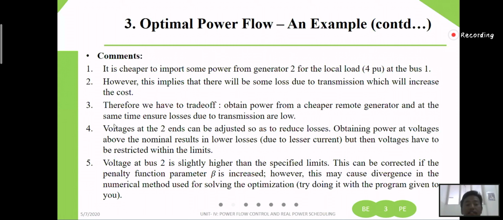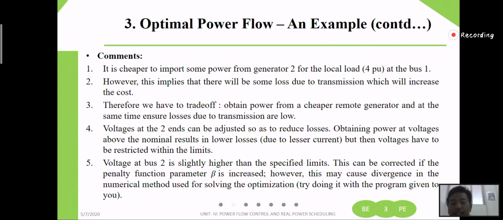Then another thing is, therefore we have to trade off, meaning obtain power from the cheaper generator, and at the same time ensure losses due to transmission are low. So in this interconnected system, we have to trade off, meaning obtain power from wherever there is a cheaper one.